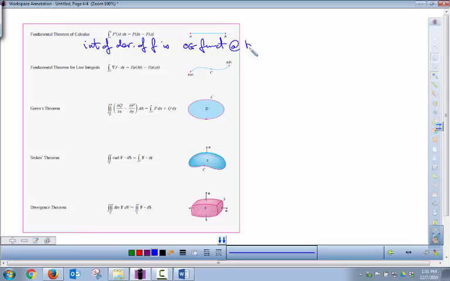The endpoints are essentially boundaries of your limits. If you follow that thought process through, the fundamental theorem of line integrals says that if you're taking an integral of a derivative, in this case a gradient, then that's equal to the original function evaluated at the boundaries again: start and end point.